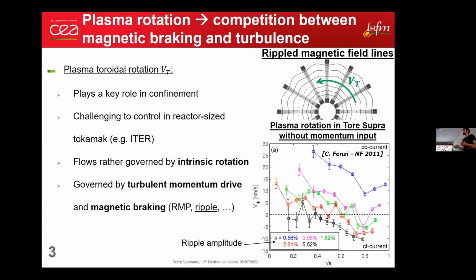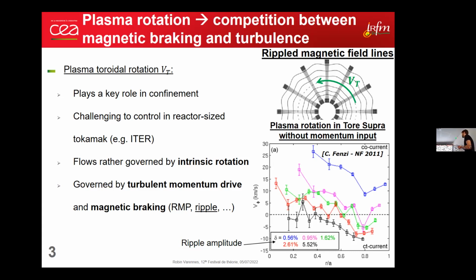In most tokamaks, we can control this velocity using external momentum, for example coming from neutral beam injections. But in reactor-sized tokamaks, for example ITER, which will be the first one, it will be challenging, if not impossible, to control because the plasma volume is so large.